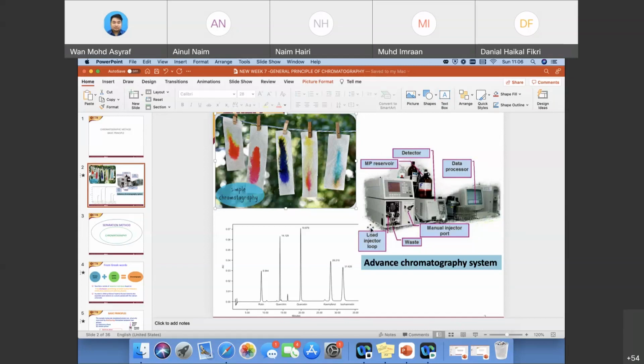When you drop it onto the tissue paper, for some reason it separates from the pink color, and lastly it becomes a yellow color. So basically, this is what chromatography is all about. In a nutshell, it is a separation of your ink here.